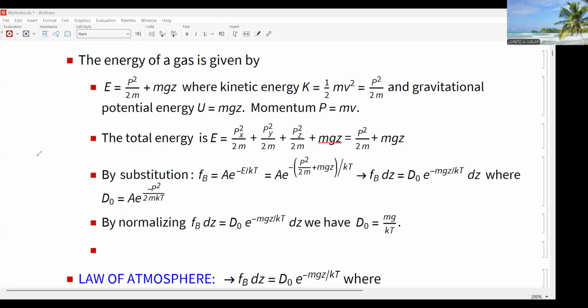Then we are going to normalize this to find the value of the normalization constant. So by normalizing this, we can find this d sub 0 equal to mg over kT.